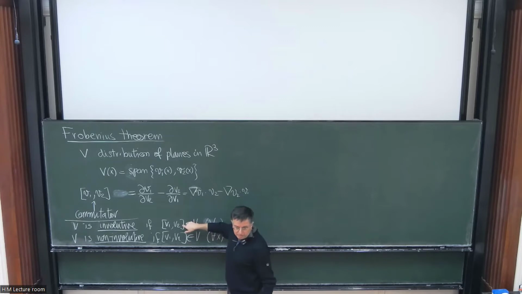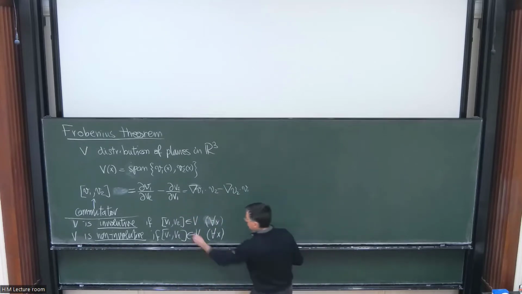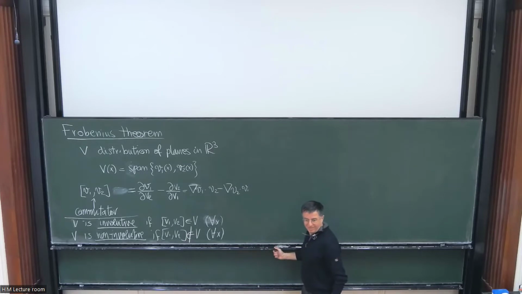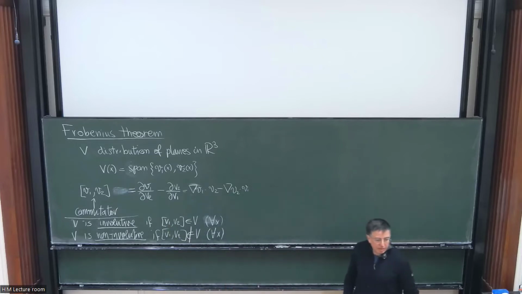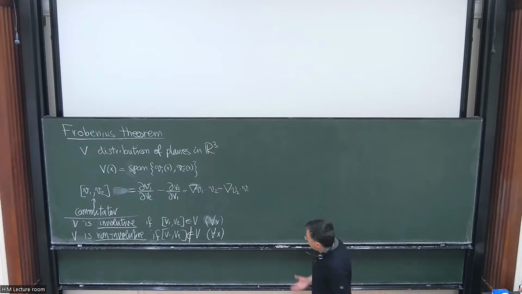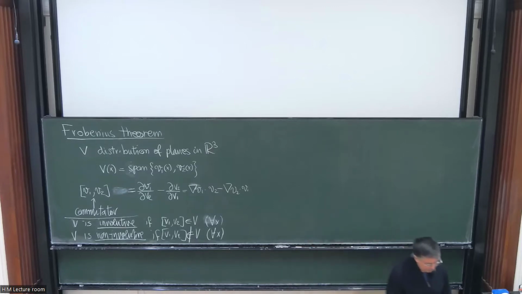But in fact, it doesn't. So these two definitions do not depend on the choice of the vector fields, okay? Of course, I'm also assuming at the moment that everything is as regular as it needs to be. So let's say everything is C1 at least, okay?